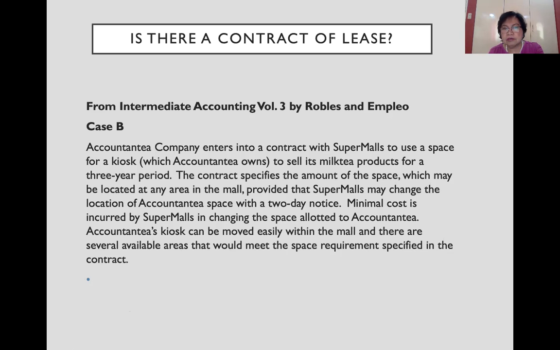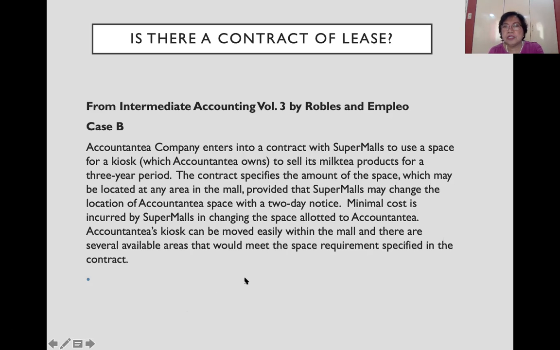Minimal cost is incurred by supermalls in changing the space allotted to accountant T. Accountant T's kiosk can be moved easily within the mall, and there are several available areas that would meet the space requirement specified in the contract.